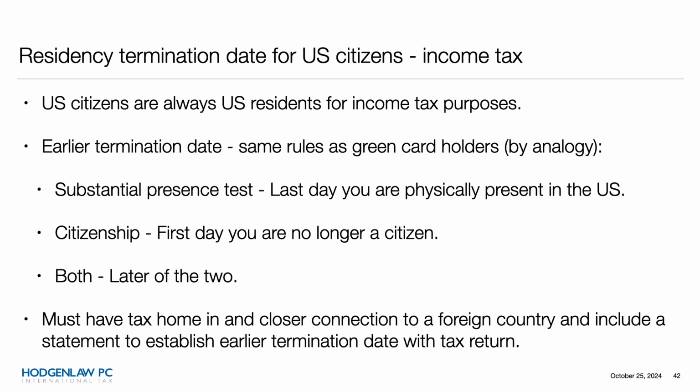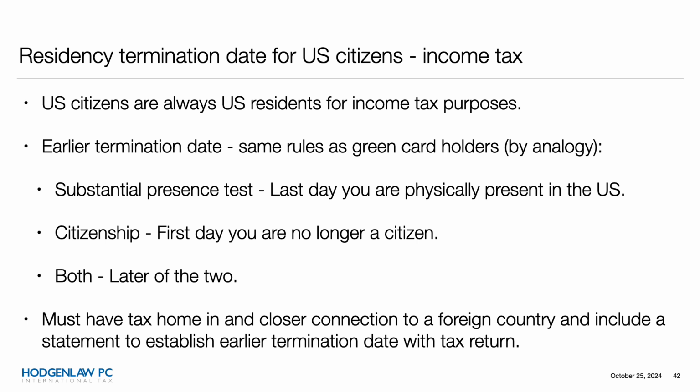If you meet the substantial presence test, it's the last day you're physically present in the US. If you're a citizen, and that's obviously what we're talking about here, that's the first day you're no longer a citizen. So these rules would apply looking at the substantial presence test mainly in the situation where you were a citizen who met the substantial presence test, or you met both. In that case, you're going to look at the later of the two as your residency termination date.